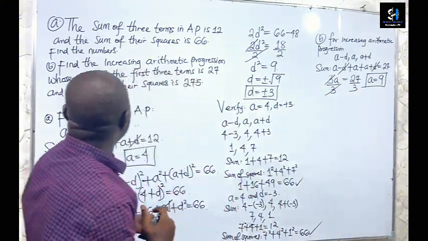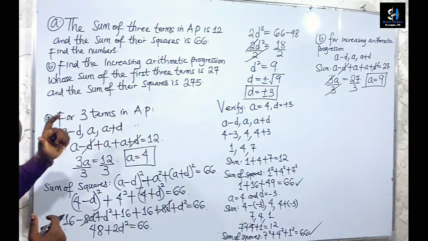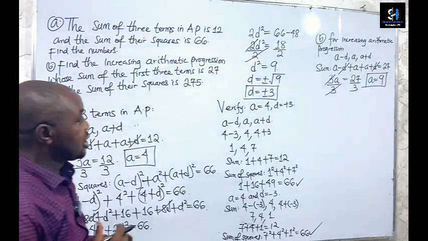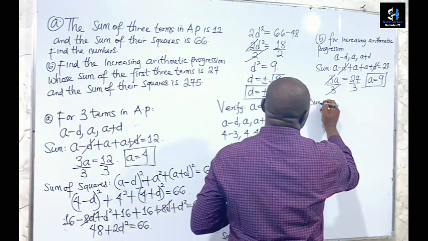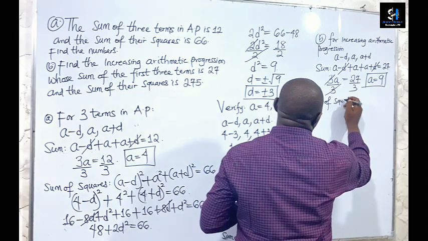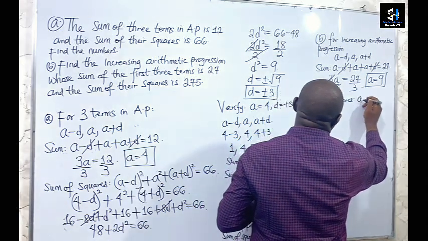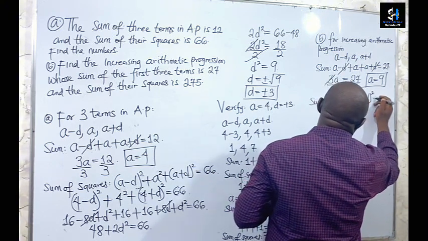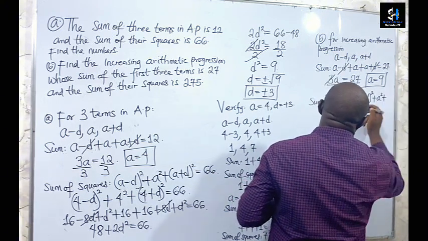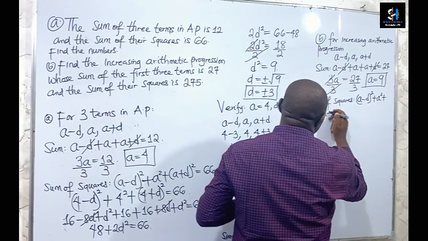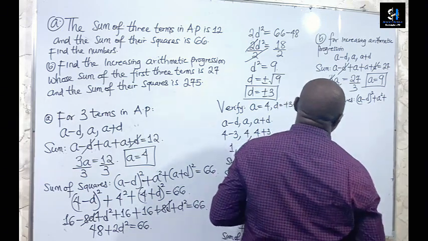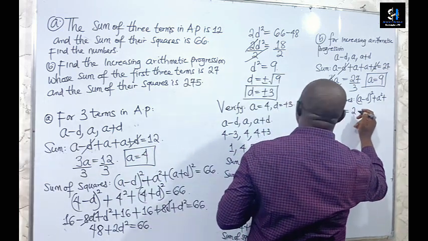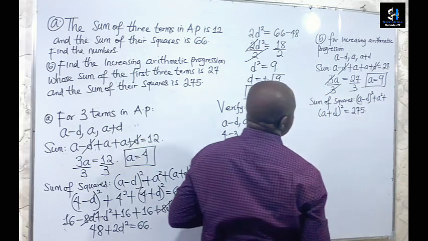Next, we're also given that the sum of their squares is 275. So the sum of squares is (a minus d) squared plus a squared plus (a plus d) squared equals 275.